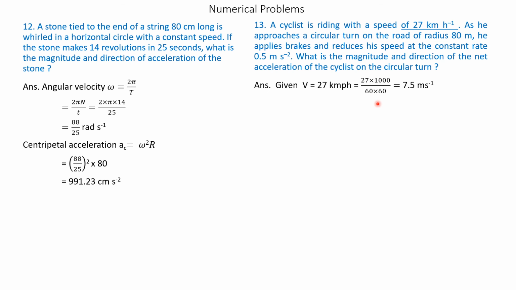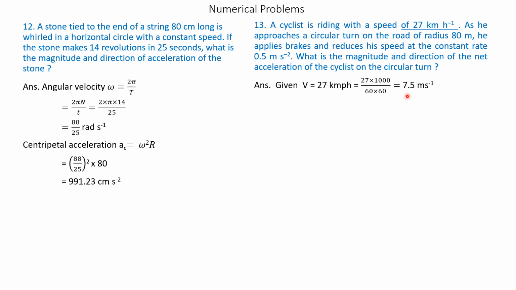Let us solve it. It is given speed as 27 kilometers per hour. We have to convert kilometers per hour into meters per second. Therefore, v equals 27 kilometers per hour equals 27 into 1000 for converting kilometers into meters, per hour, and to convert it into per second we divide by 60 into 60.